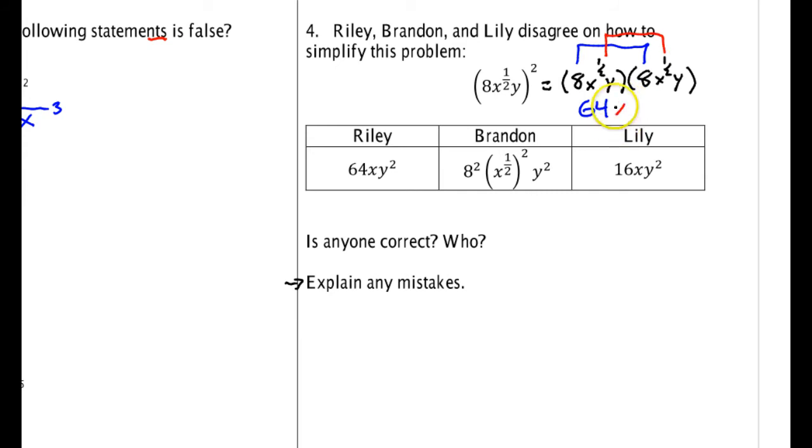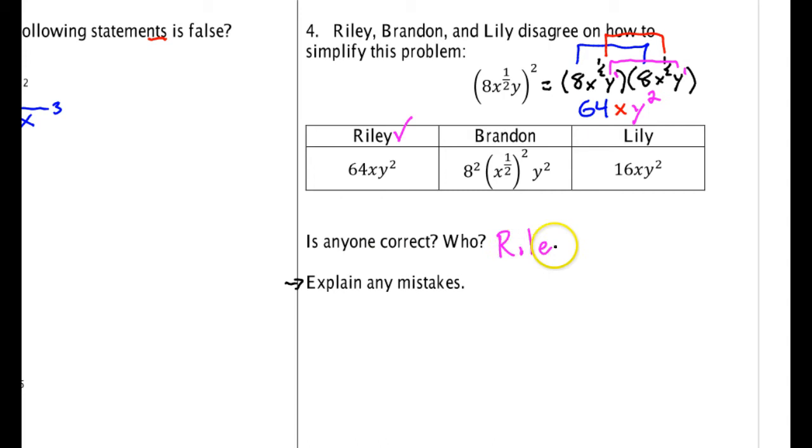So we have x to the 1, or just x. And then lastly, we have y times y. These are each the first power, so 1 plus 1 would be 2. So it looks like Riley is correct.